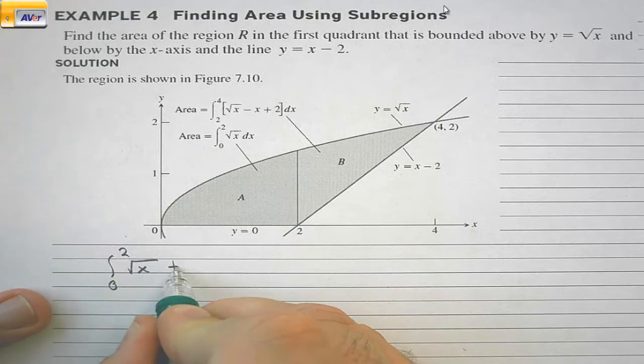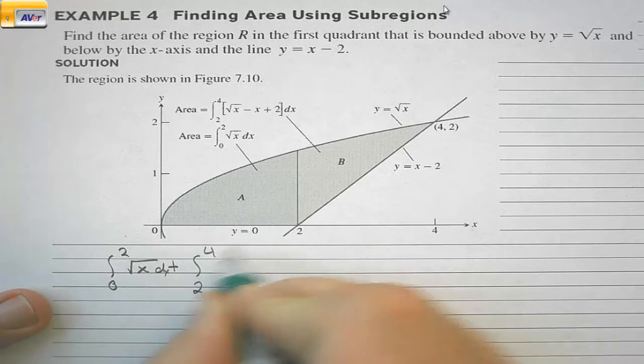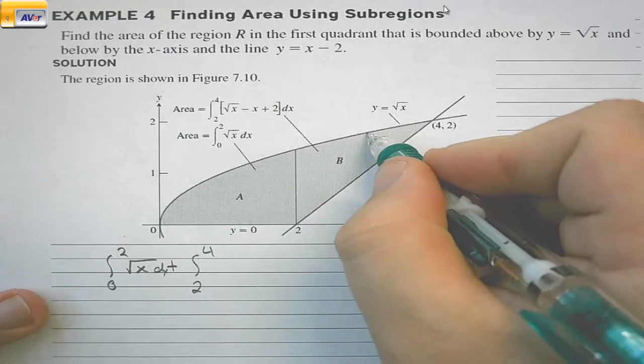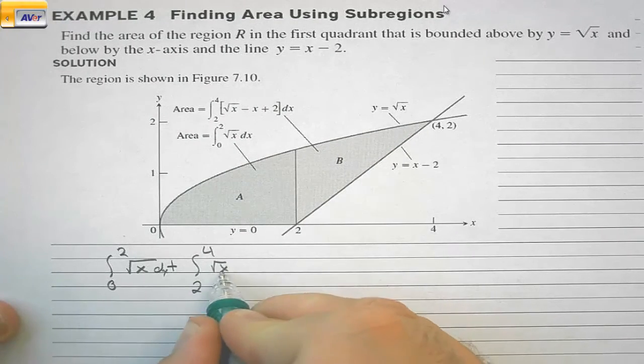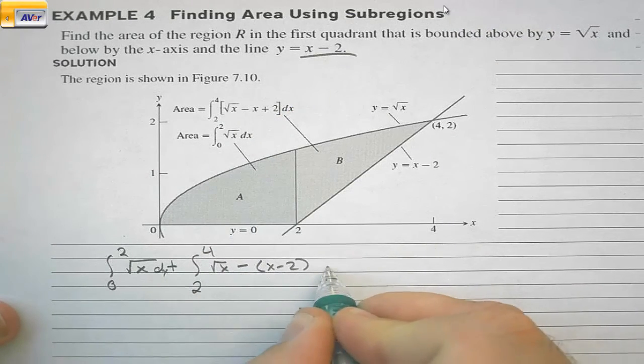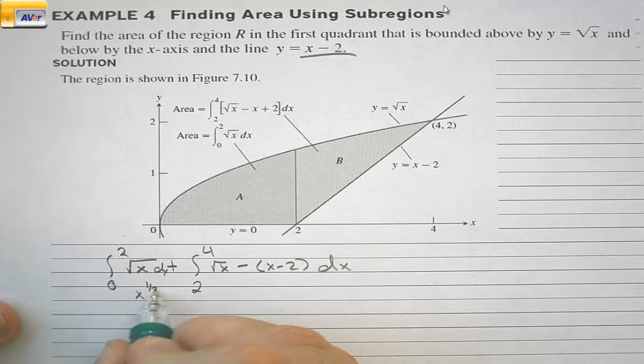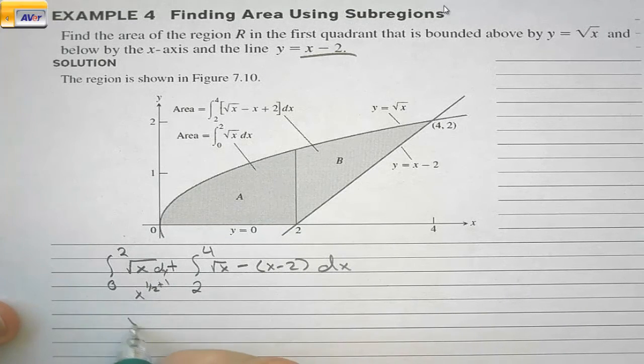Then we're going to add that to, we need dx here, the integral from 2 to 4 of top minus bottom, which is square root of x, and then minus the line, which is x minus 2 dx. This is x to the 1/2, so if we add 1, we get x to the 3/2, and then times 2/3.